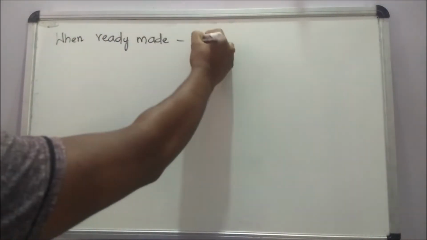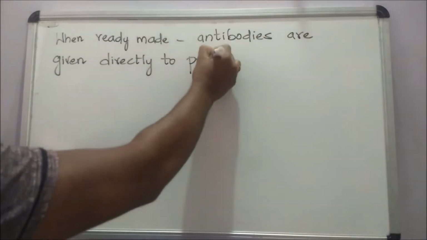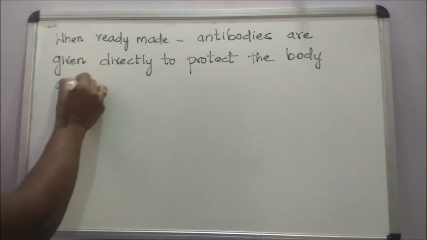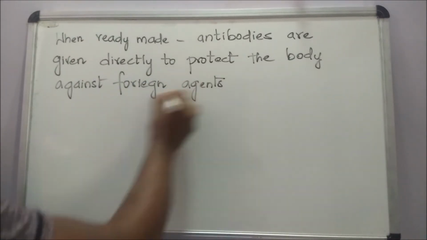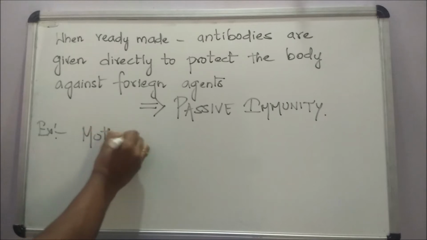Whereas when ready-made antibodies are given directly to protect the body against foreign agents like pathogens or antigens, such immunity is called passive immunity. I can give you two examples.